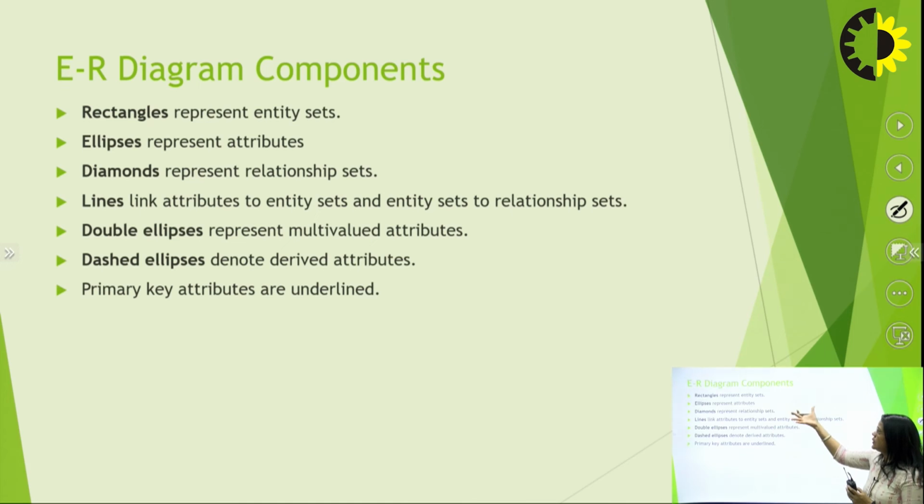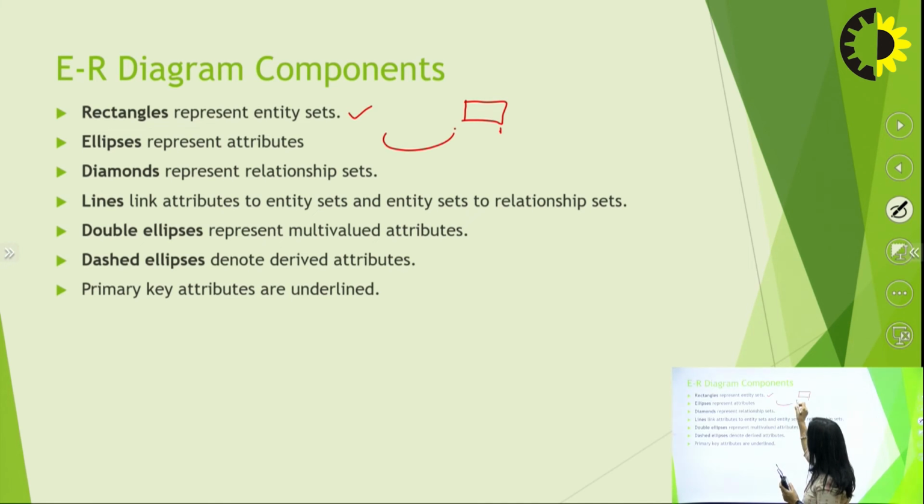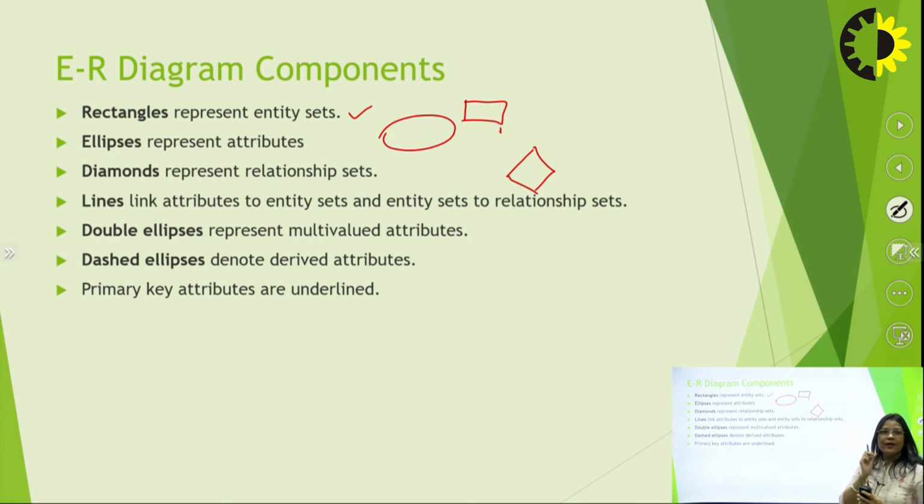Now here are the ER diagram components. Rectangle can be used to represent the entity set. Ellipse can be used to represent the attributes. Diamond box can be used to represent the relationship. Lines can be used to represent the association of the entities with the relationship.